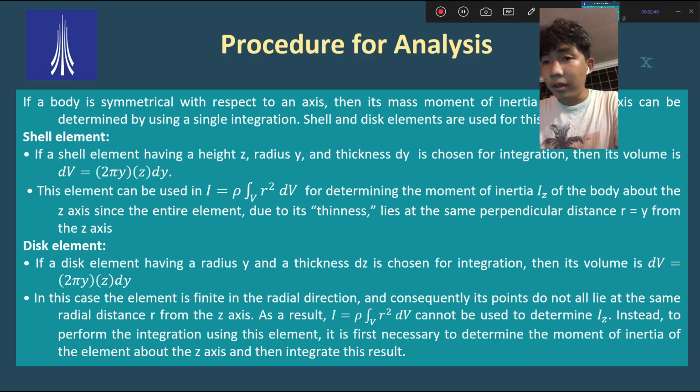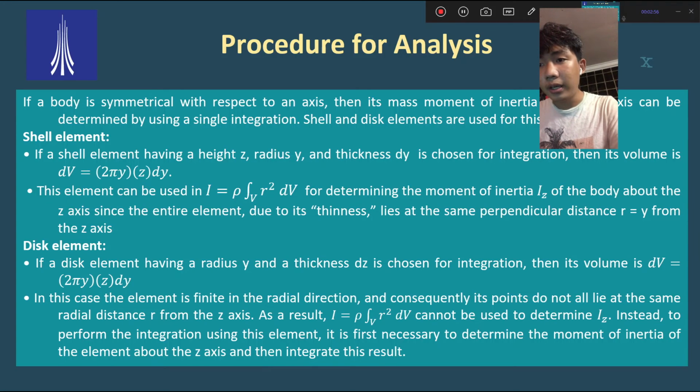Disk element: if a disk element has a radius y and a thickness of dz, then the volume dV is equal to π y squared dz.